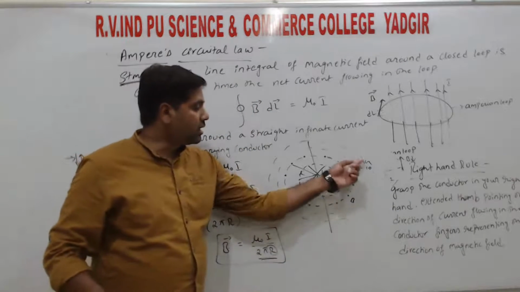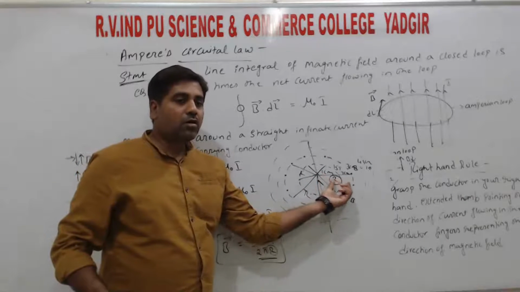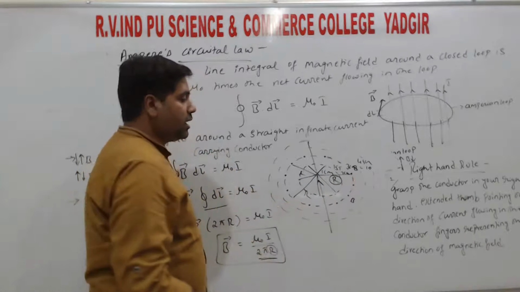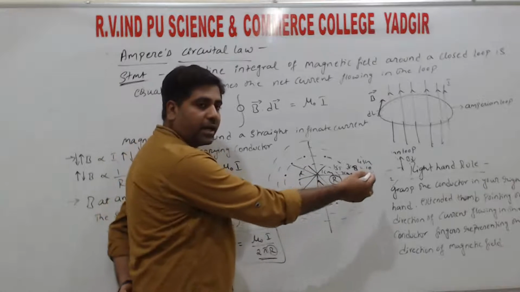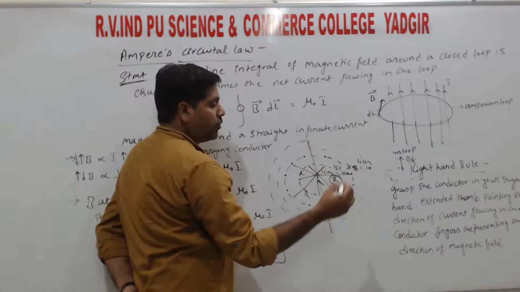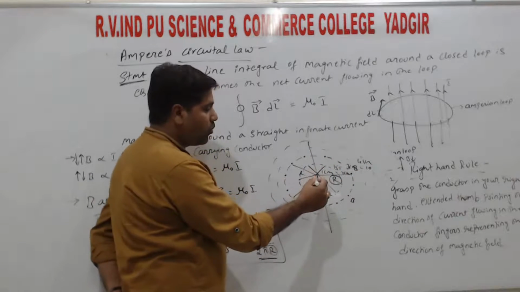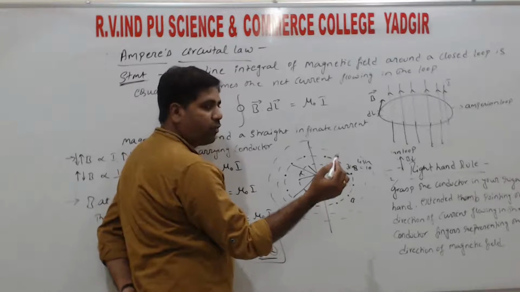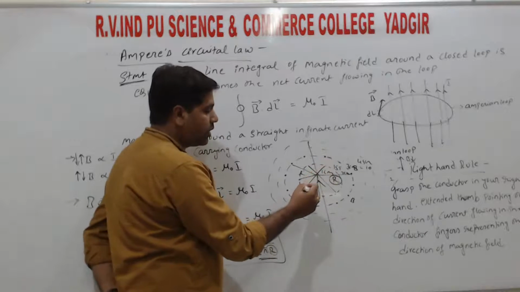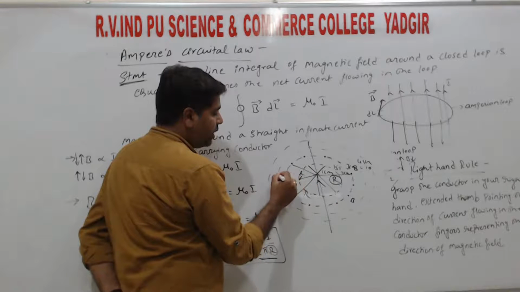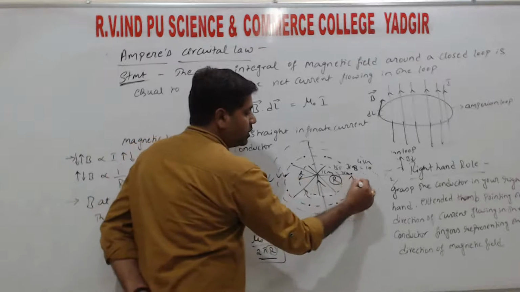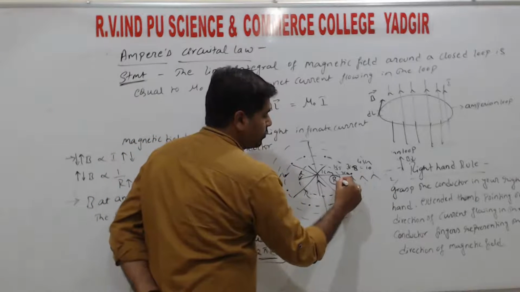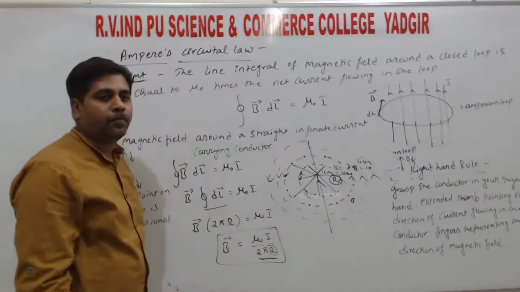All these circles together form the concentric circles, and the direction depends on the right hand thumb rule. If the current is moving inside the board, or inside the plane of the paper, then the magnetic field is in the anti-clockwise direction, right?